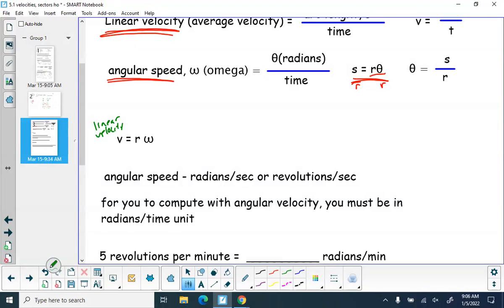Your linear velocity can be calculated by your radius times your angular velocity. And once again, this is omega. It is like a curvy W. It's a roundy W. That's an omega.